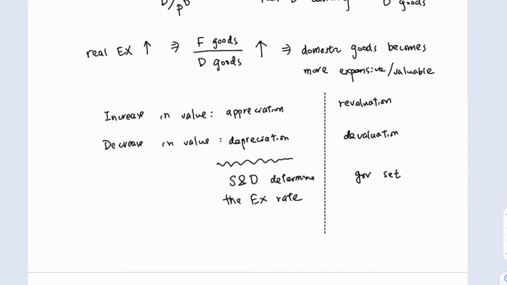On the contrary, if the country's currency value decreases, for example under the floating exchange rate regime, where the exchange rate is set by supply and demand in the market, or through devaluation, when the government sets the exchange rate, then the currency value becomes less. The amount of goods they can get per unit of their own original currency becomes smaller, but foreigners will be able to buy more of their goods given the same currency value.